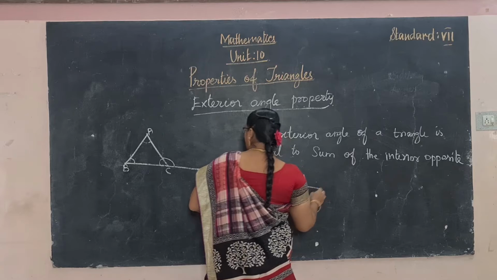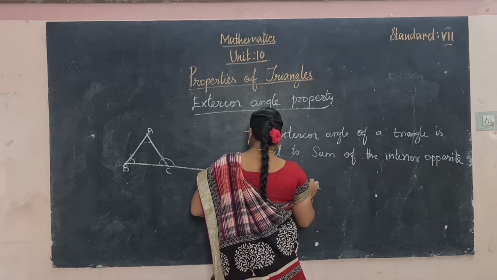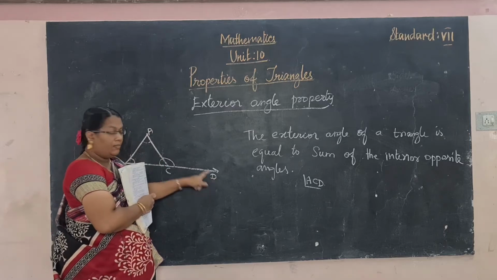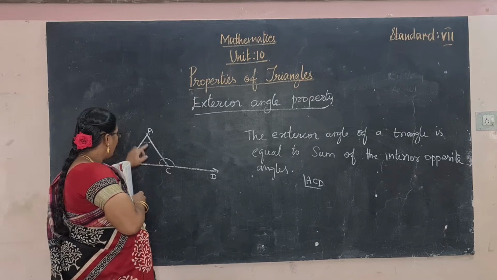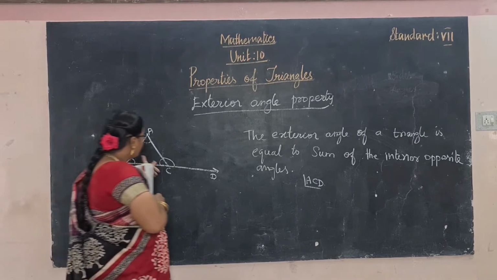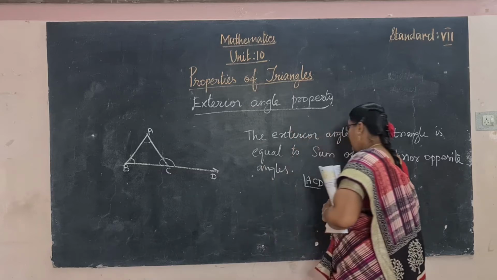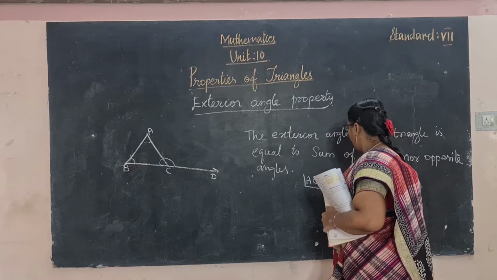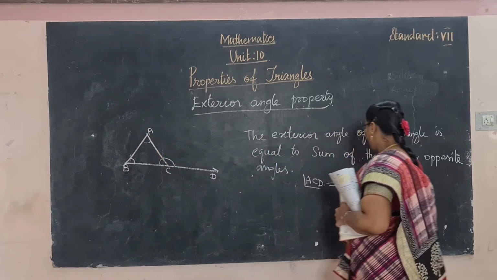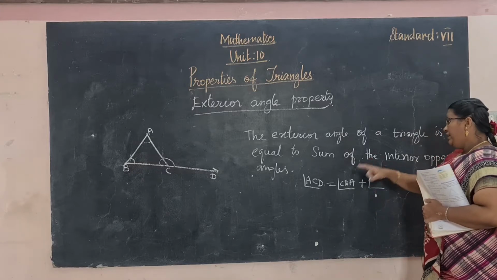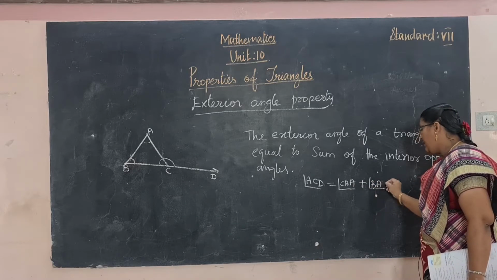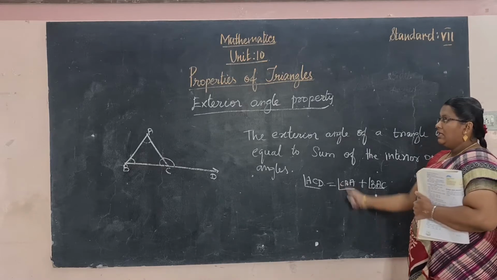From the diagram, angle ACD is equal to the sum of the opposite interior angles, angle CBA plus angle BAC. That is satisfied.